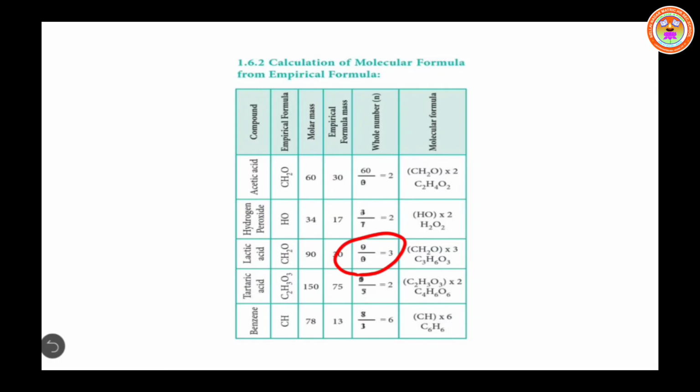There is 90 by 30, which is equal to 3. So N value is 3. Therefore the molecular formula of lactic acid is empirical formula CH2O into N value 3, which is equal to C3H6O3. So the molecular formula of lactic acid is C3H6O3.